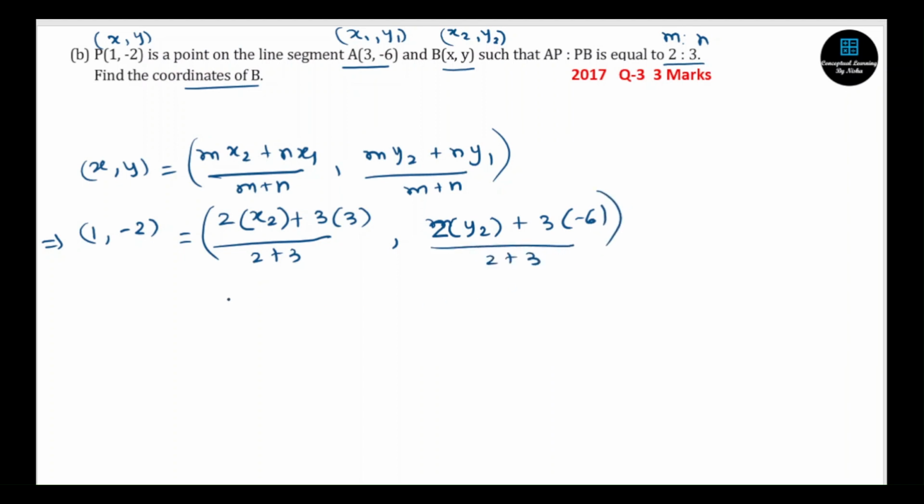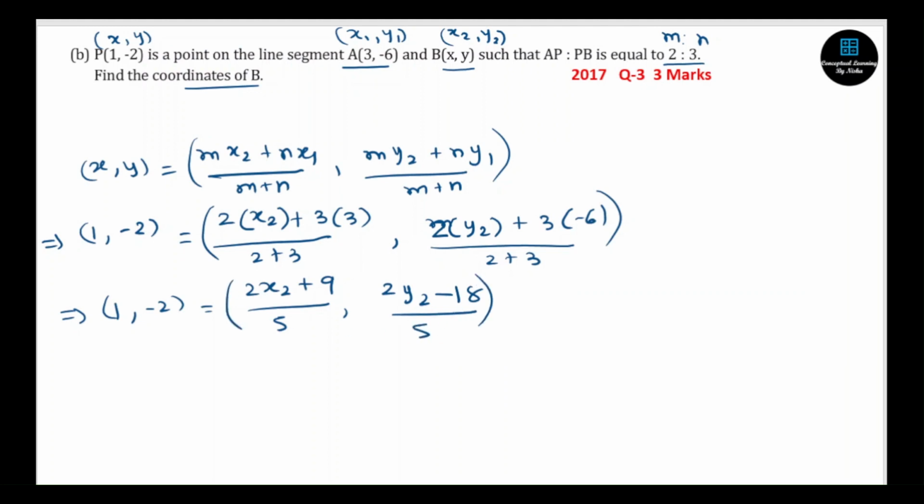And now when I simplify this, what do we get? 1 minus 2 is equal to 2x2 plus 9 over 5, and here 2y2 minus 18 upon 5.